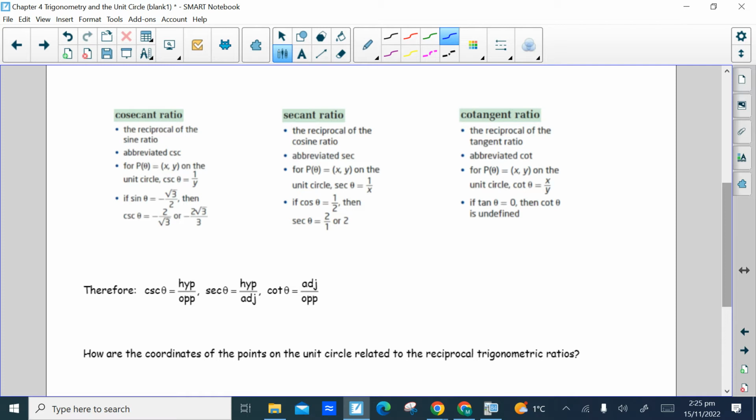The abbreviation is COT, and because tangent is y over x, sine over cos, then the cotan will be the reciprocal, x over y. And we've seen on the circle that we just looked at, if the tangent of theta is 0, which is 0 over 1, then the cotan is undefined because it's 1 over 0.